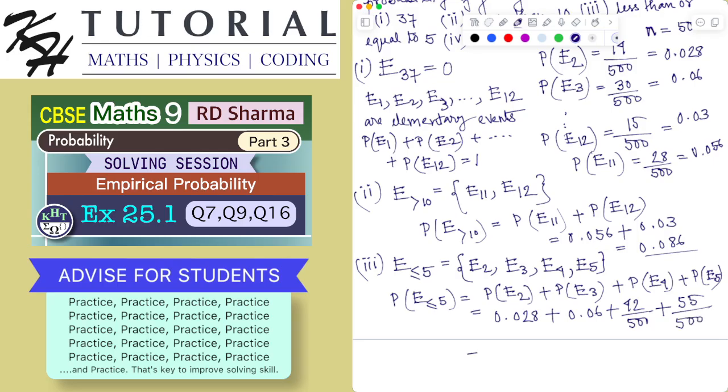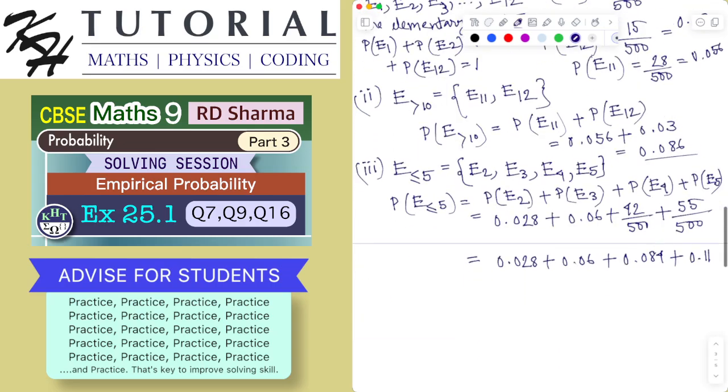So this becomes 0.028 plus 0.06 plus how much is 42 divided by 500? 42 divided by 500 is 0.084. And how much is 55 divided by 500? It is 0.11.